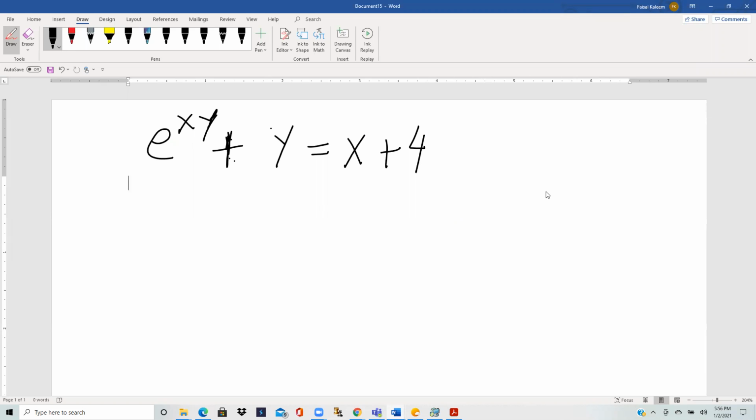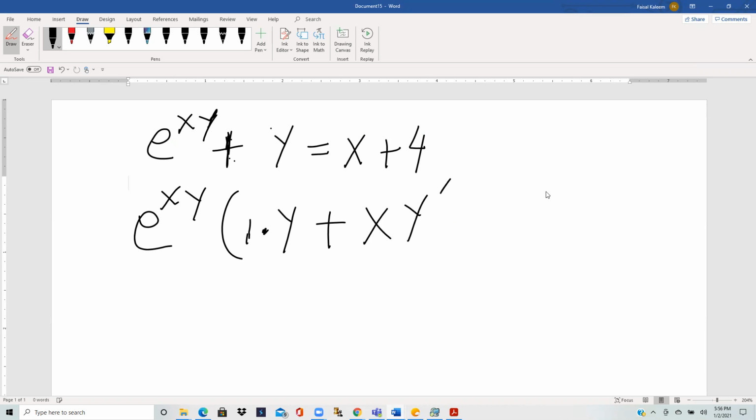So let's do it. So the derivative of e power xy is e power xy. And then by the chain rule, we need the derivative of xy, which will be by product rule 1 times y. The derivative of x is 1, and we keep the y. And then plus, now we keep the x, and we take the derivative of y, which is y prime.